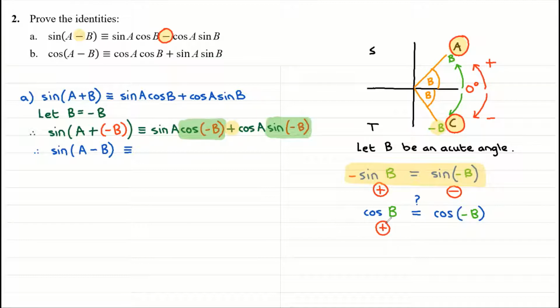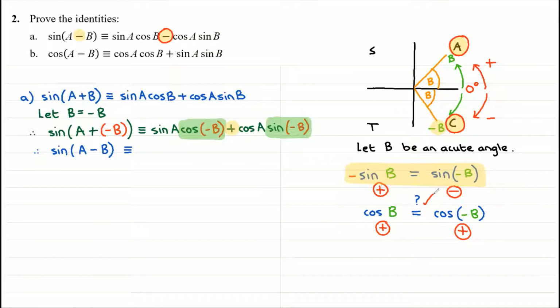And if we look at the CAST diagram, we also know that negative B is in the C quadrant where cosine is positive. So this is also positive, which means yes, they are equal. So this is a true statement.